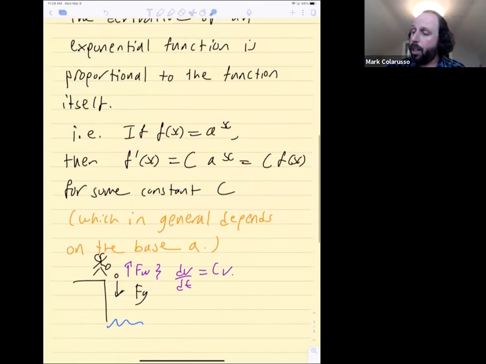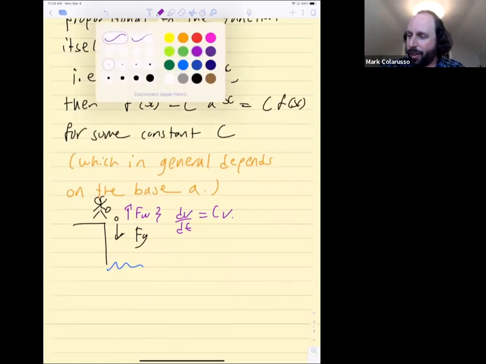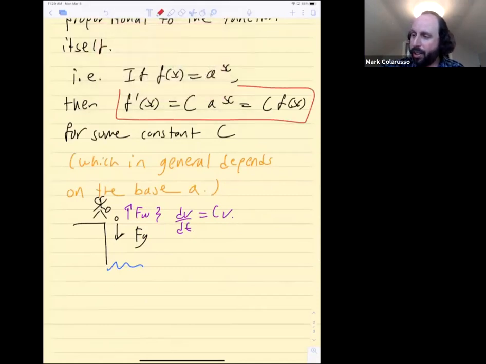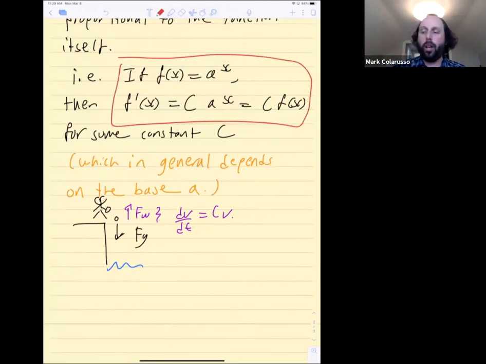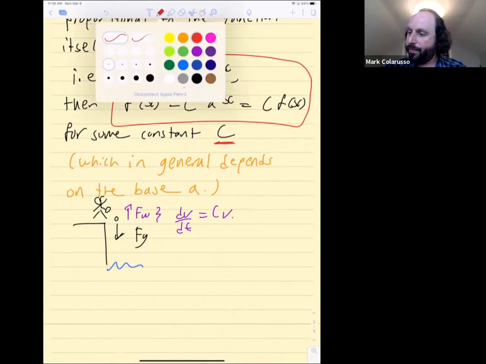So we want to study the natural exponential function. The easiest exponential function to understand is when this constant of proportionality C is exactly 1, right? And that's called the natural exponential function.